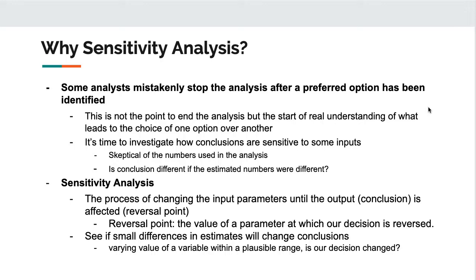In other words, sensitivity analysis is a process of seeing whether a small difference in the estimate will change our conclusion or not. By varying the value of a variable within a plausible range, we can observe whether our decision is going to change or not.